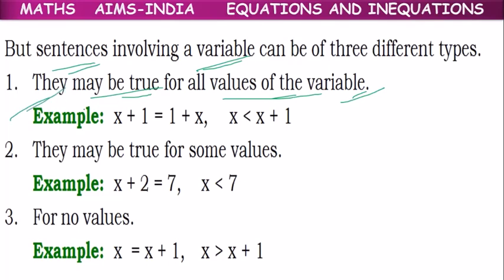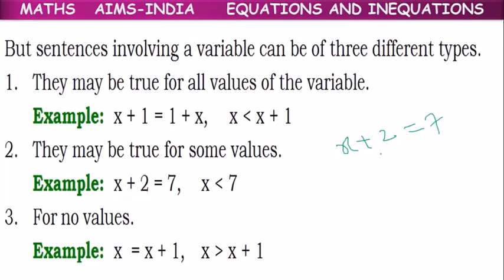That kind of sentences we can have, and they may be true for only some values. Suppose x plus 2 equal to 7. This will be true when x is 5.